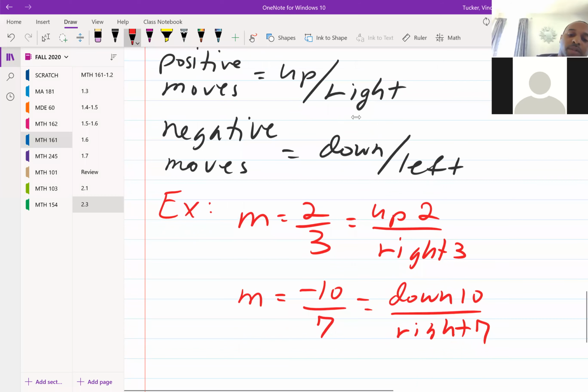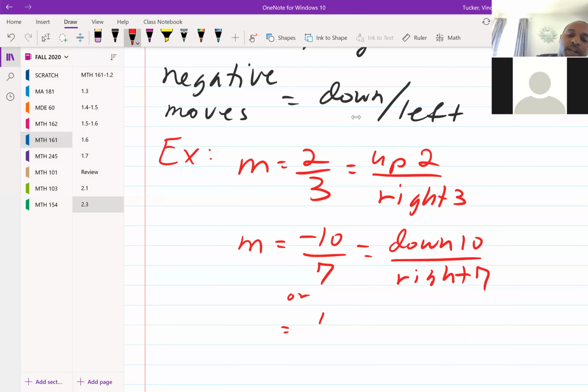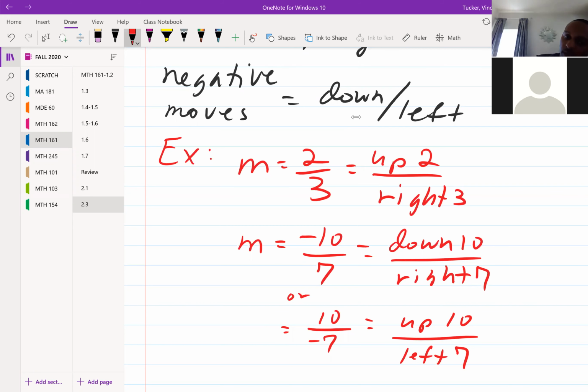Or if I decide to give the negative to the bottom, that means I will have a positive 10 over negative 7. That means I will go up 10 and then left 7. And either way, you will get the same line. If I'm starting here at this point and I go down 10, right 7, or if I start at this point and go up 10, left 7, either way, I'll still have that same line.